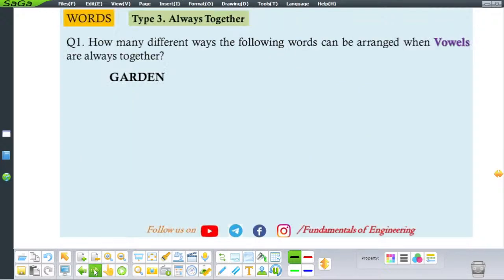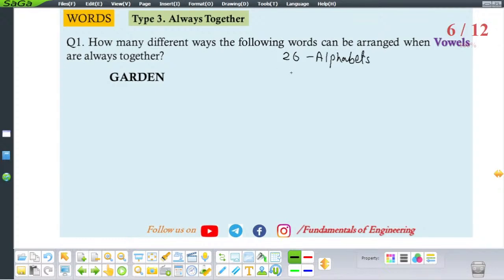Now we will see the actual problems. We are going to see the always together type: in how many different ways can the following words be arranged when vowels are always together? First understand how many vowels there are. In the English language we have 26 alphabets.